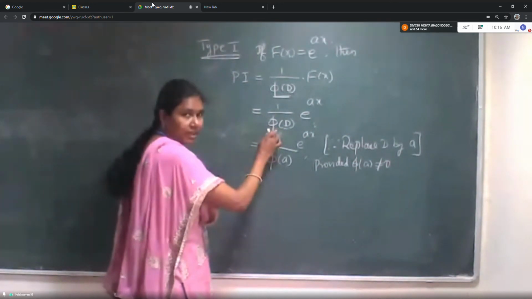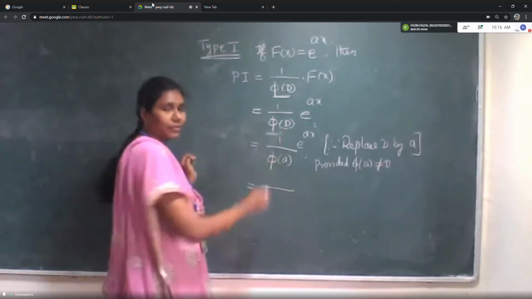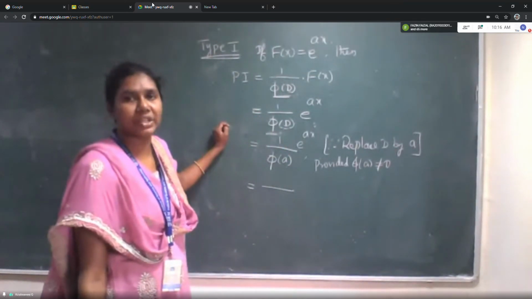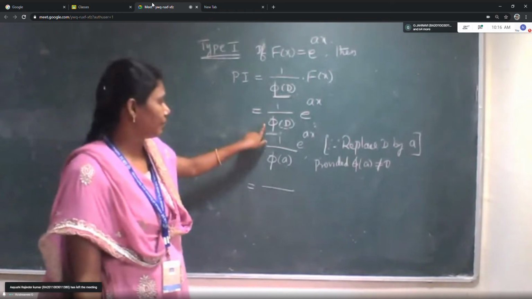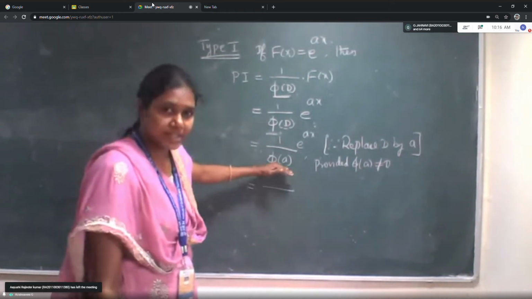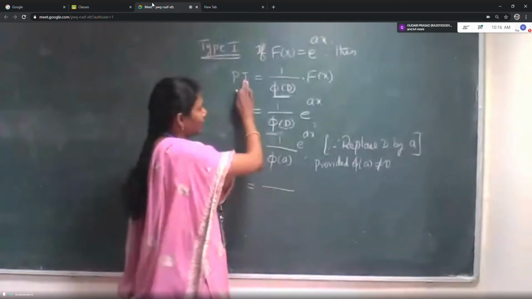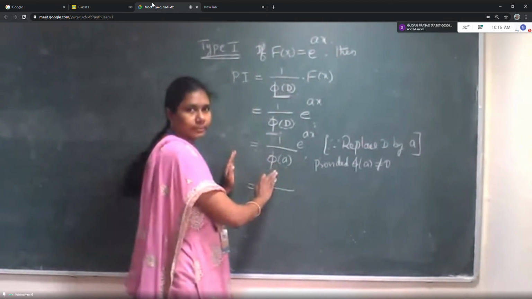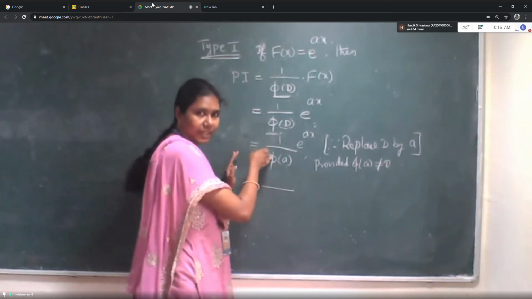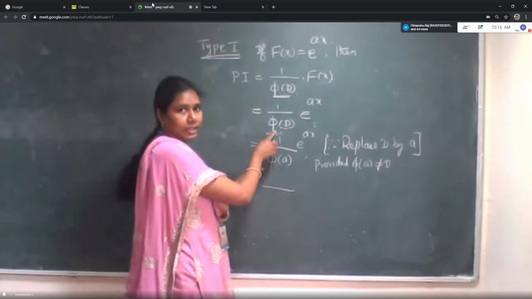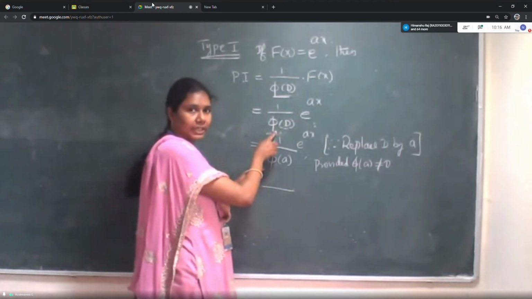This is phi of D. Differentiate with respect to D. If we get 0 here, then otherwise you need not find the next step, and this is our PI. Problem over. In case I get 0, differentiate the previous denominator equation.